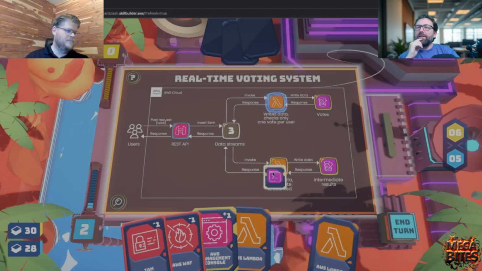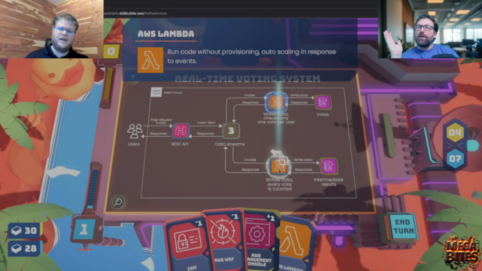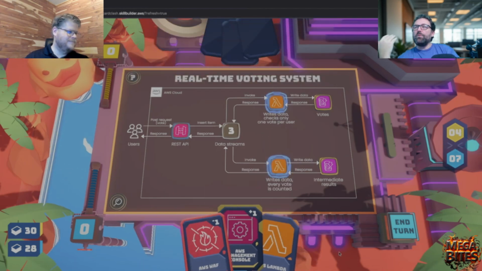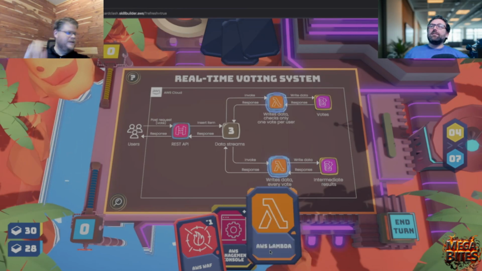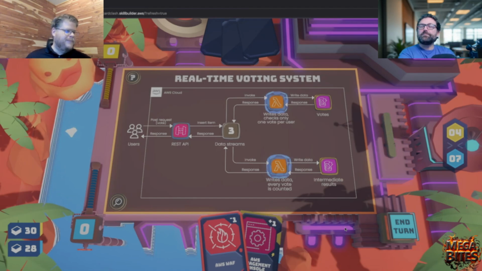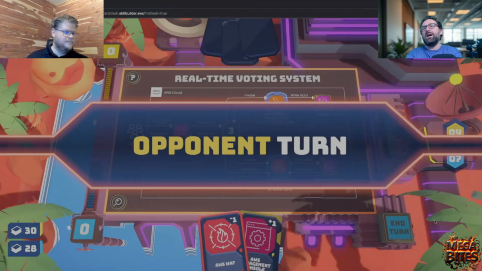And I'm gonna say secure it. Never thought I'd hear you say that, Marco. Throw away the Lambda now, because we can't do anything with Lambdas. But keep the WAF. Yeah. Might as well secure it next turn if we have an extra point left. Yep, makes sense. Unless he places data streams, and yeah, it's done.